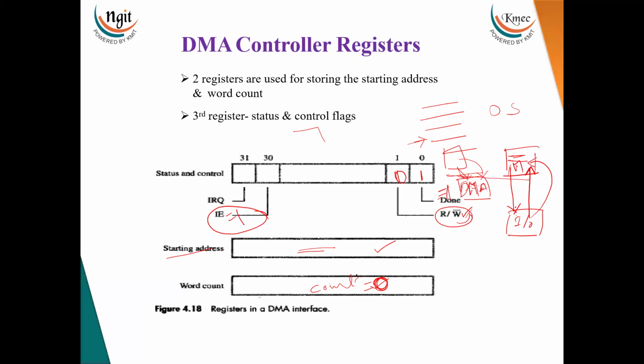After completing the data transfer, DMA sends the interrupt signal to the microprocessor. After receiving the interrupt, it will take control of the bus and resume the main program.